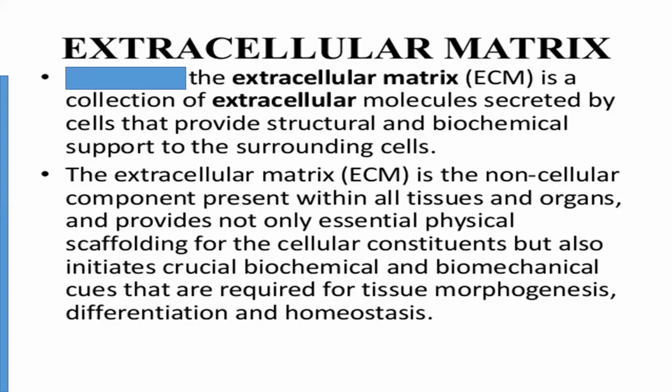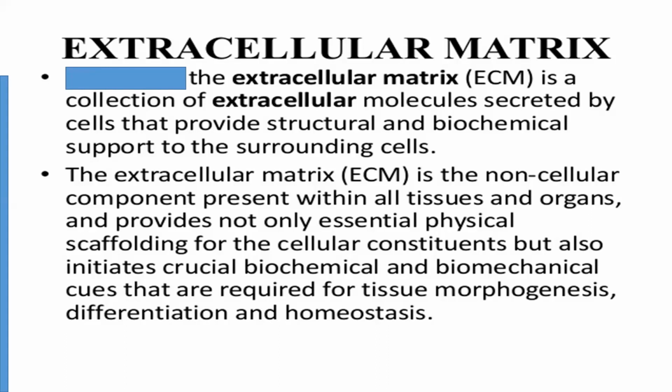The extracellular matrix, which I already mentioned in the beginning of the lecture, is the ECM. ECM is a collection of extracellular molecules secreted by the cells that provide structural and biochemical support to the surrounding cells.